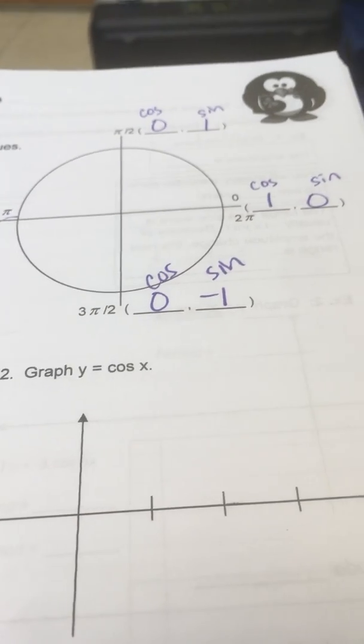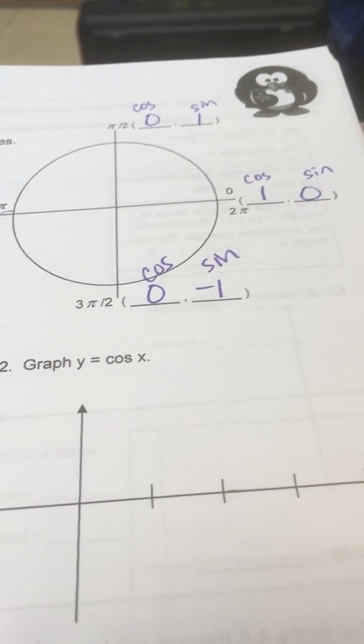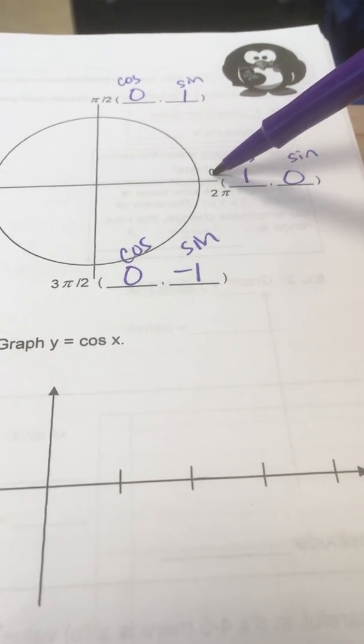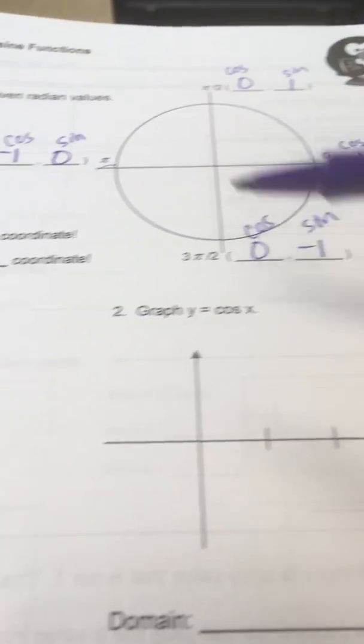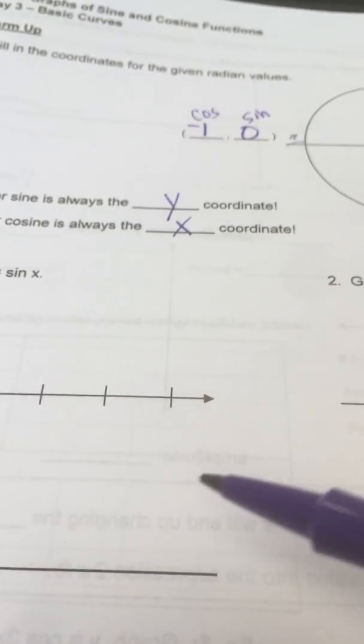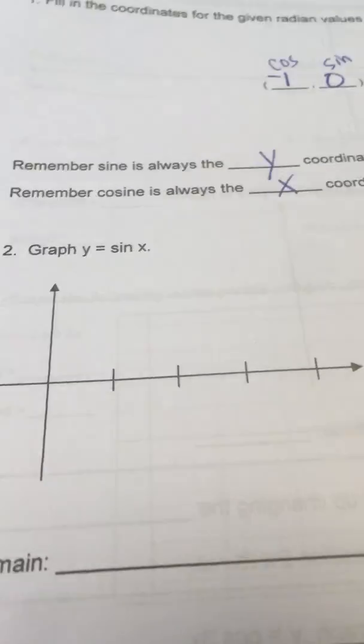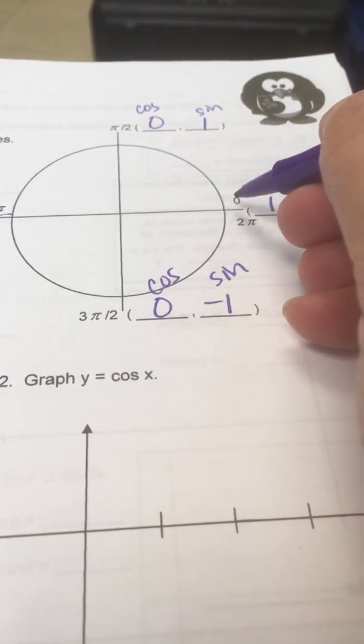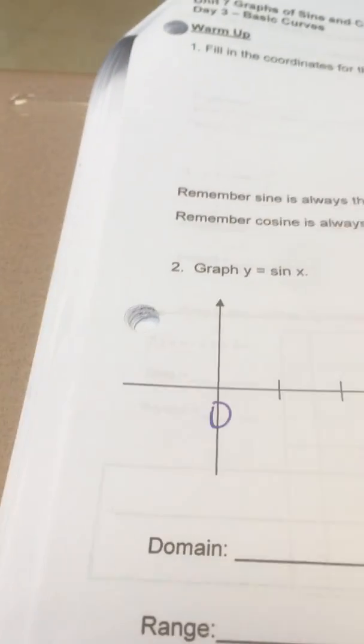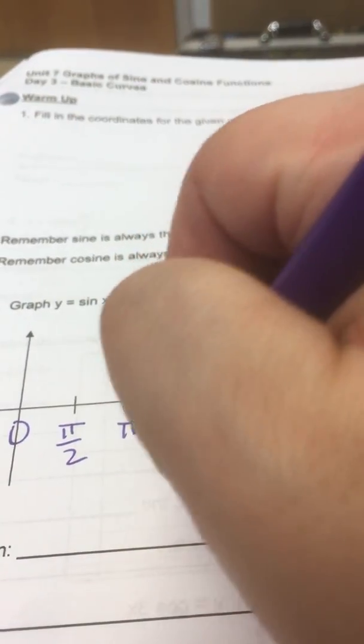So for right now, we're going to have these same values going around, being on the x-axis. So the x-axis points are what we have here: 0, pi over 2, pi, 3 pi over 2, and 2 pi.